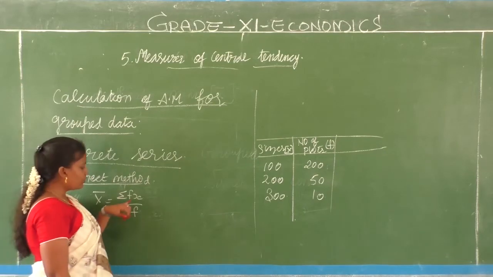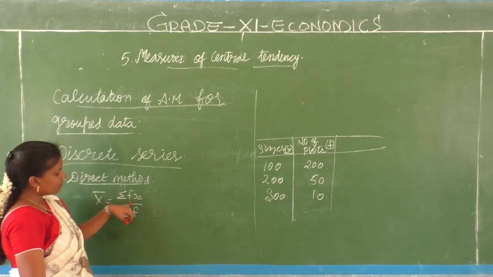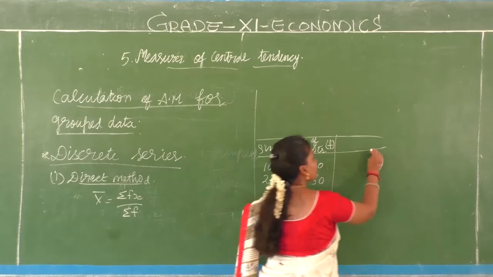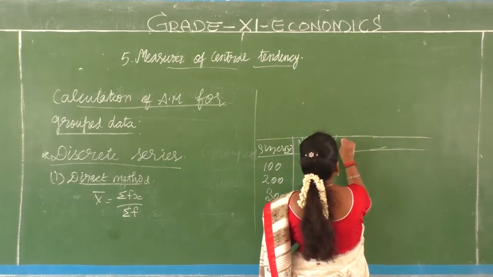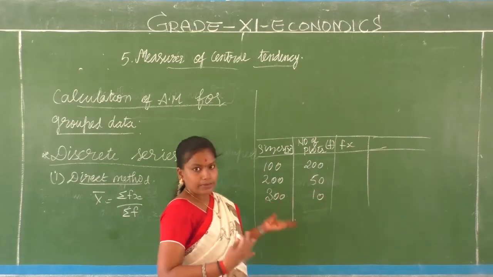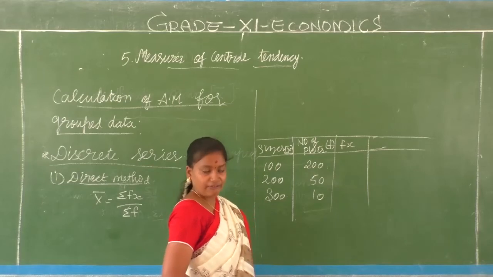Right, children? So you need fx now. Sigma f you can find. Sigma means what? The summation. That you can find. Now you need to find fx. Sigma fx. So you are going to have another column called fx. How do you find this fx, children? The multiplication of frequency and the variable will become the fx.